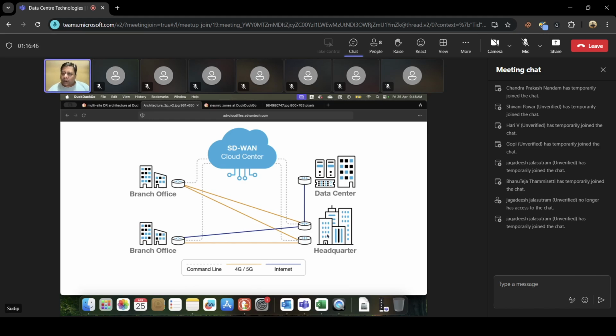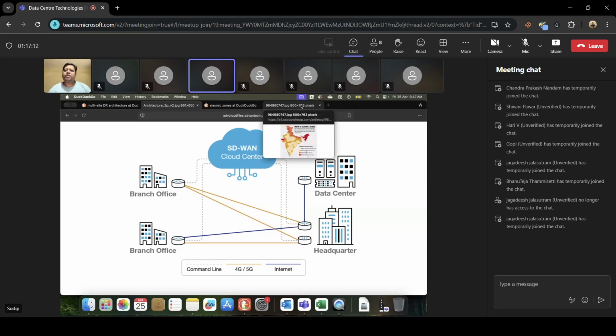You can have only one near DR site. But when we are doing far DR, you can have multiple far DR sites or metro DR sites. Some may be in the same city, some in another country, another city, another continent altogether. Is this understood now? Clear?